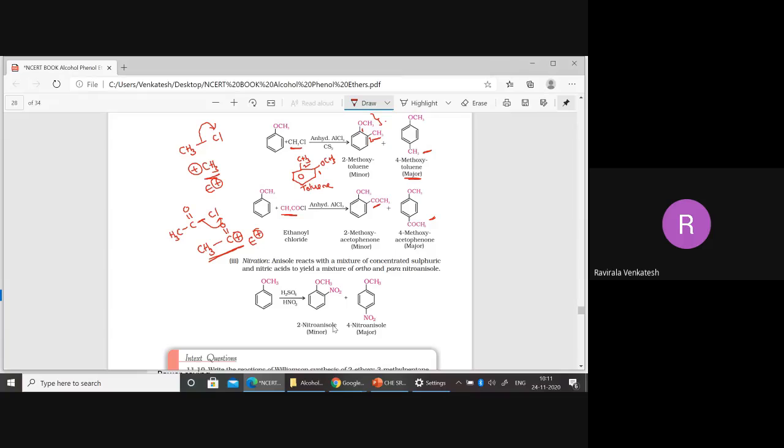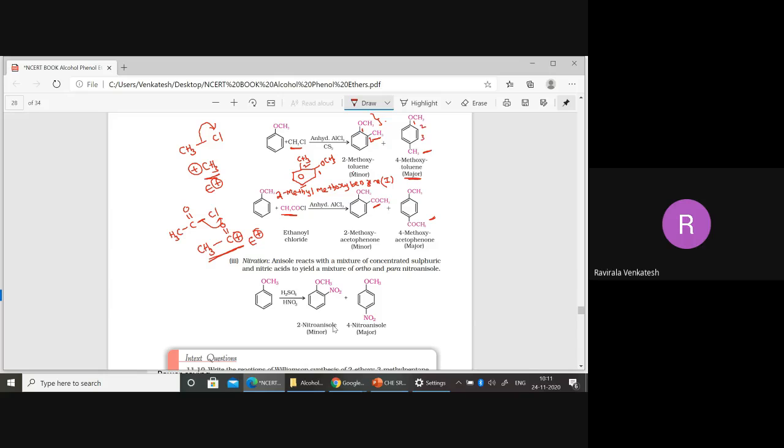But I will do one thing here. The IUPAC name I am writing is 1-methoxy, 2-methyl, methoxybenzene. This is the IUPAC name, 2-methyl methoxybenzene.